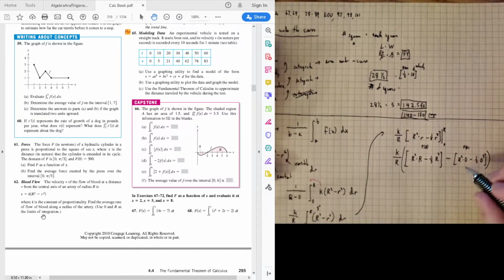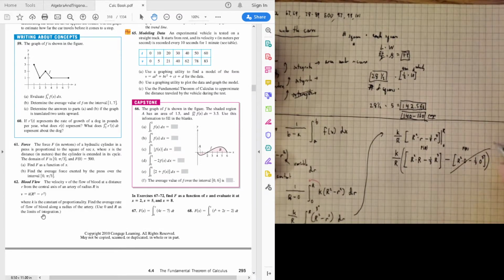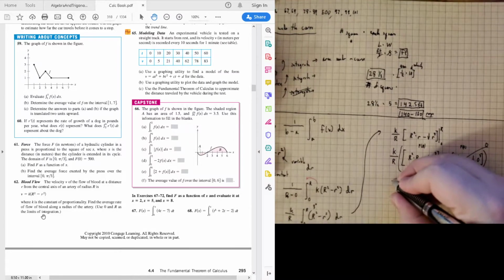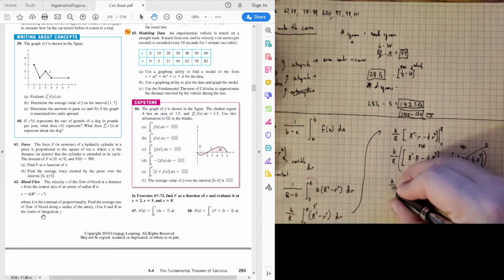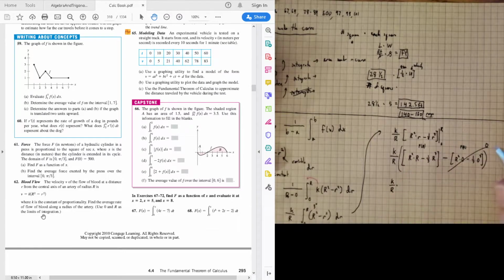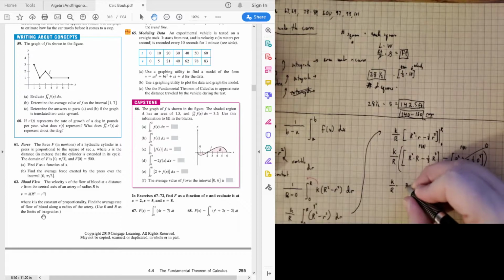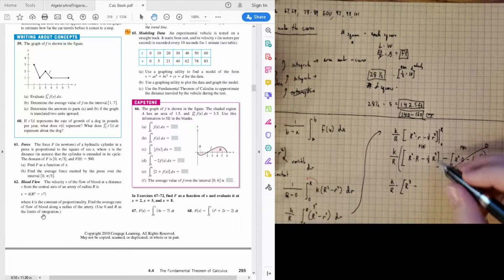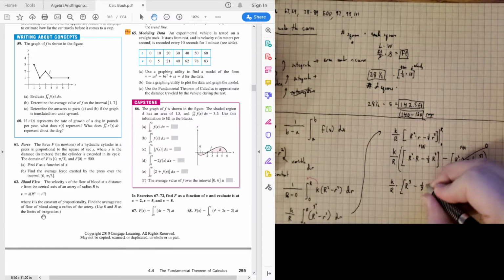Now how about that? This last piece, because everything is times 0, is going to go away. Which means I'm left with just this first piece, which is k over r times, r squared times r is r cubed, minus r cubed times 1/3 is 1/3 r cubed.